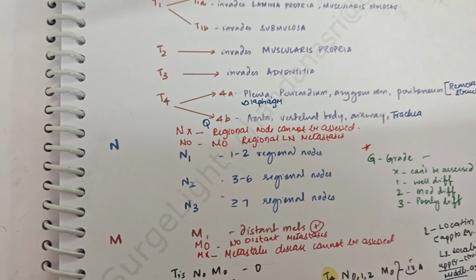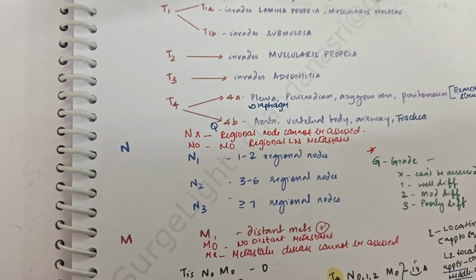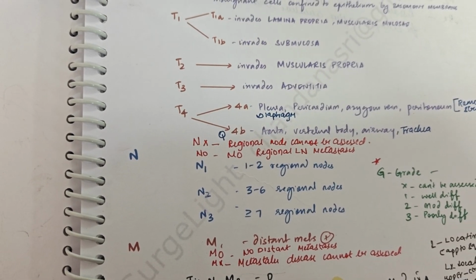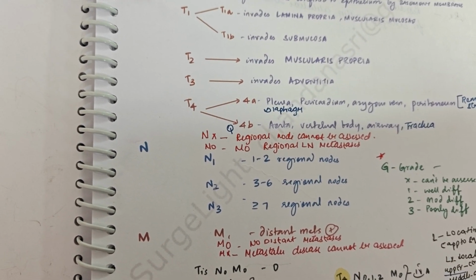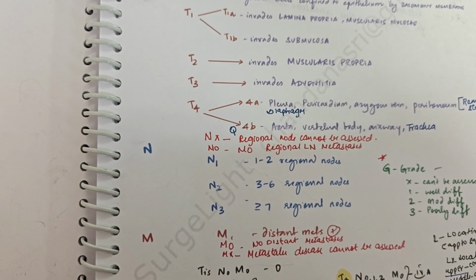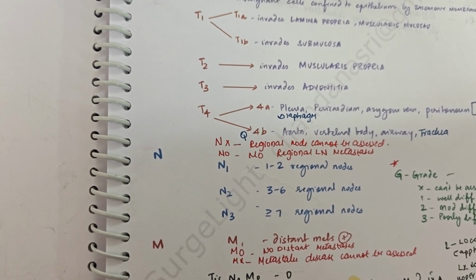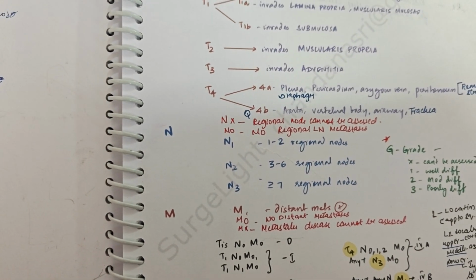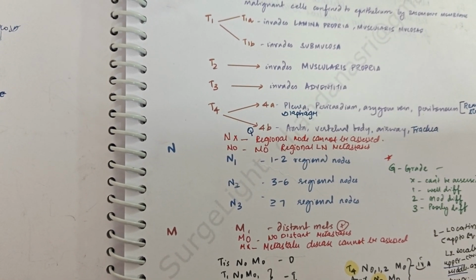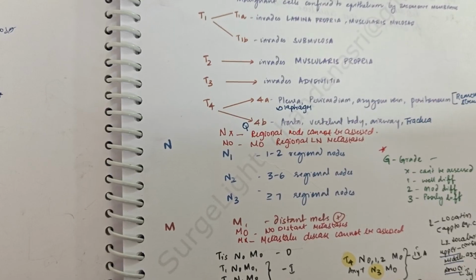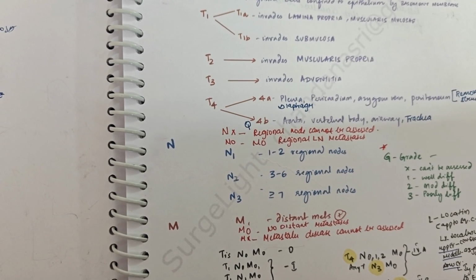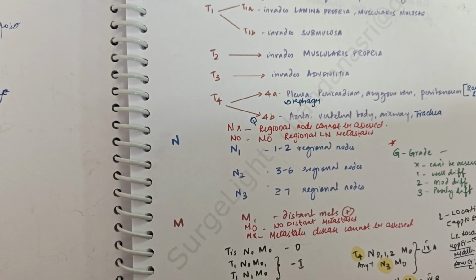So that's all about T4b, T4a, T3, T2, T1b, T1a.